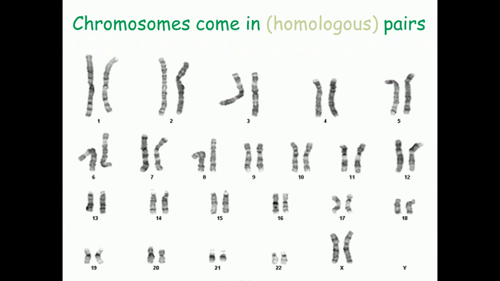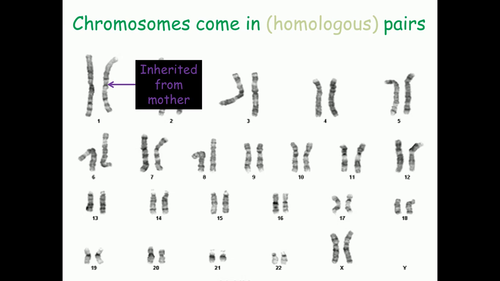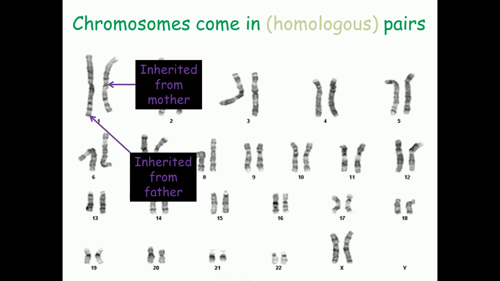Now we know that chromosomes come in pairs, because one copy would have been inherited from the mother and the other copy from the father. And because you inherit two copies, one from each parent, those two copies will contain the same gene.